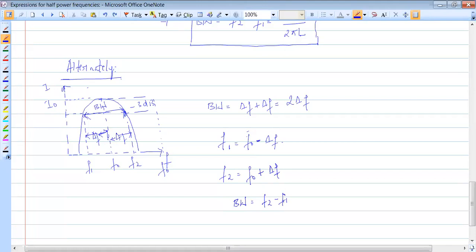For that you should know your delta f. In other words, how to know delta f? For knowing delta f you can use the bandwidth. If you know the bandwidth, then you can find f1 and f2 in this form. When would this be possible?